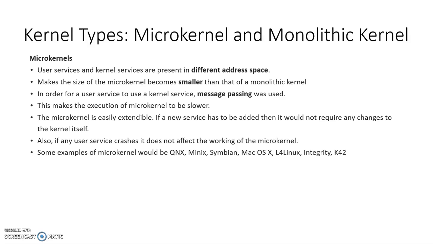Some examples of operating systems that use microkernels include the Minix and Symbian. Hope you guys have not forgotten the Symbian mobile operating system that was introduced some time ago by Nokia.